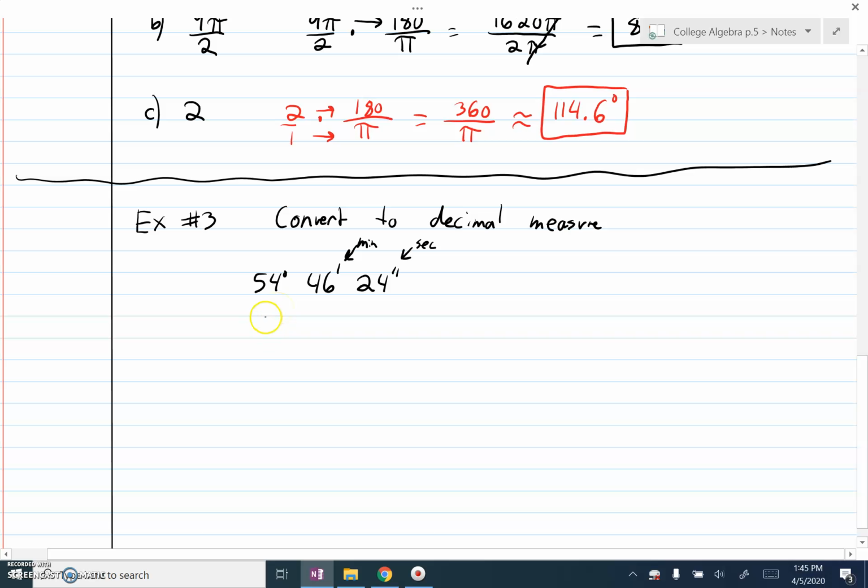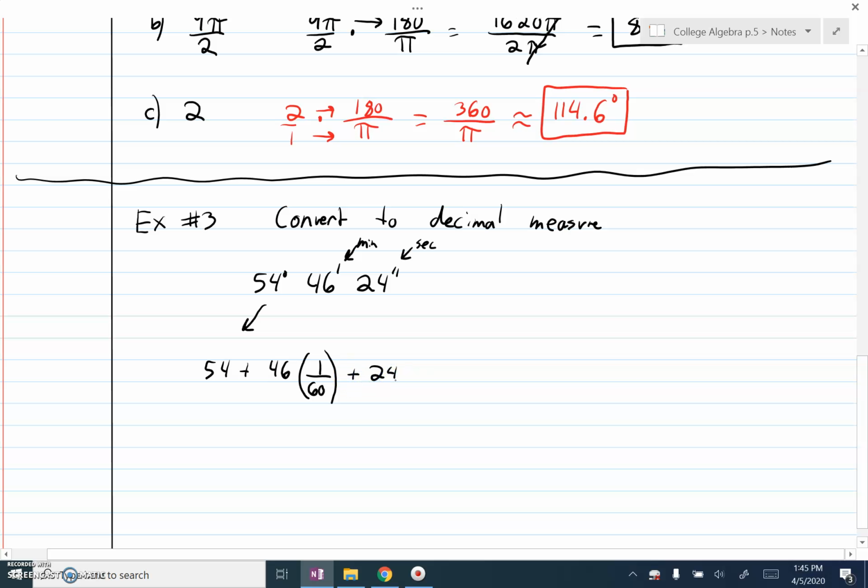But how you break it down in terms of decimal is this is a whole 54. Think of it in terms of minutes. Minutes, instead of a normal number where it's out of like 100, is out of 60. So you have 46 minutes, which is actually 1/60th of a full degree. Plus 24 seconds.